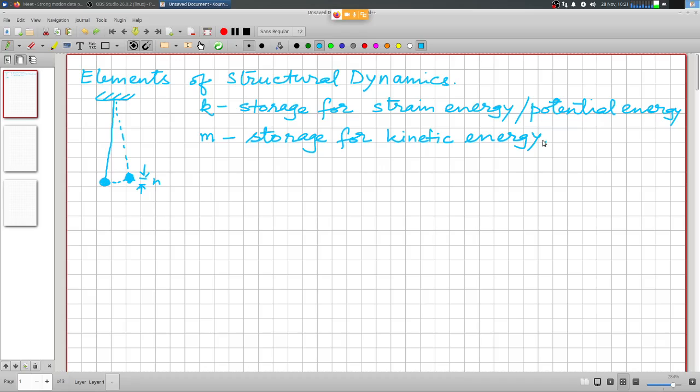So the inertia properties and the natural frequency of the system, we can actually derive it mathematically, but that's not really important.